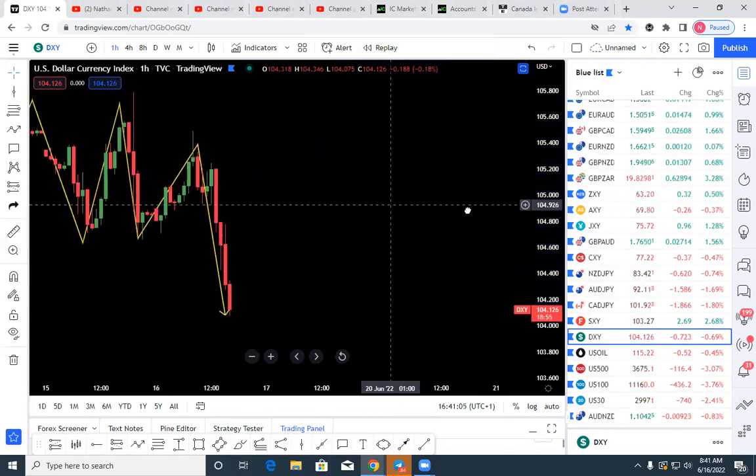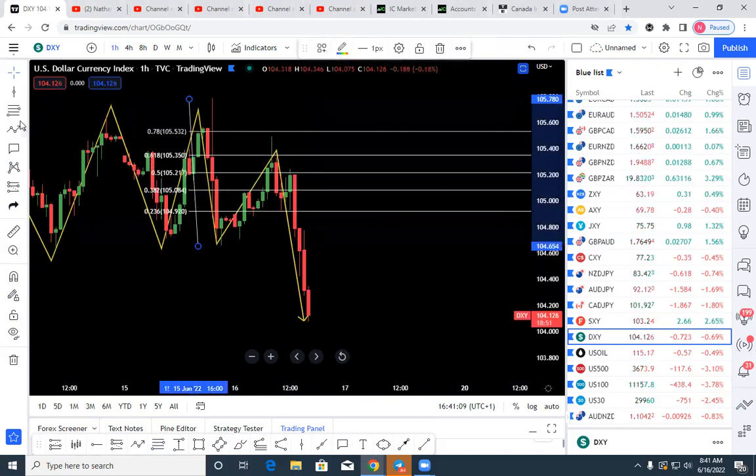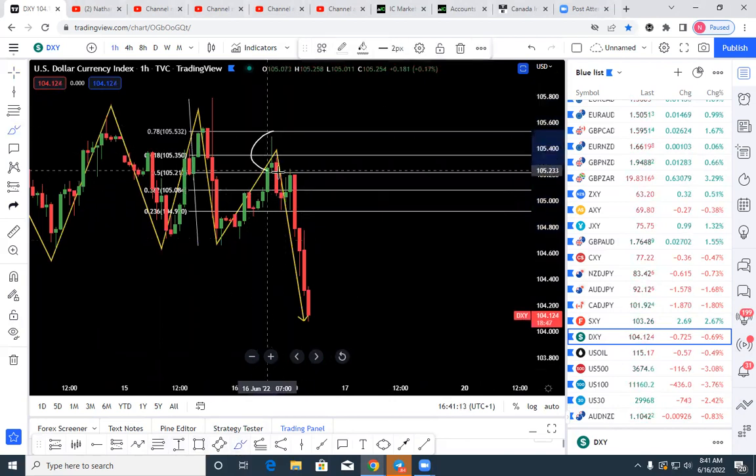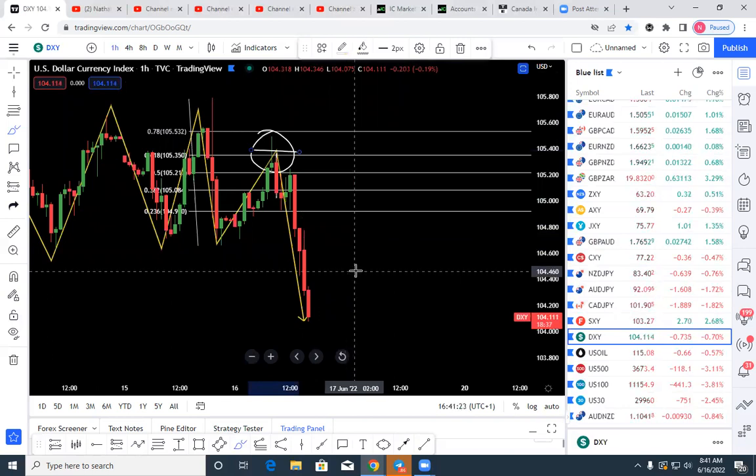But as soon as DXY has made a 50 to 61% retracement of this impulse here, and I have seen this engulfing happening here, I know every setup I see in the market is going to either buy or sell crazily, depending on the bias I have with the market.